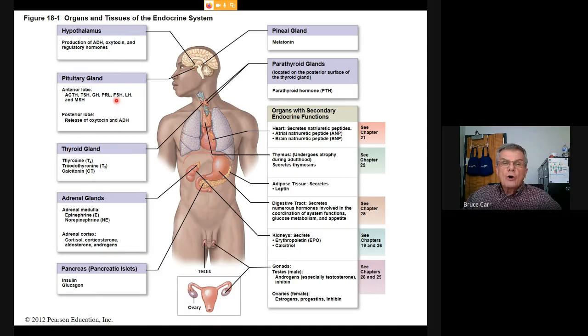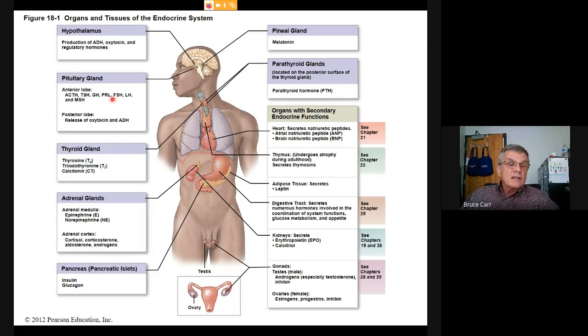The anterior lobe consists of multiple clusters of cells of different kinds that are producing different hormones that are going to, when released, control the specific major glands of the body. And so that's why we see the abbreviations RH or SH often for the hormones of this anterior lobe.